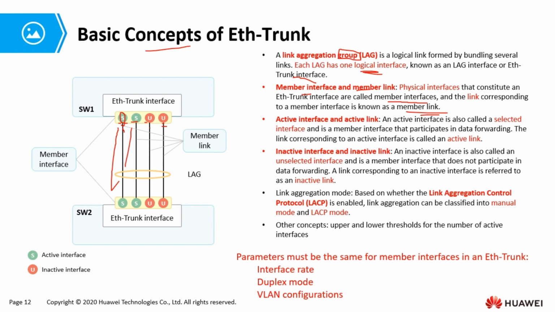Under link aggregation, we have two modes. One we call manual mode, and the other we call LACP mode, which means we are using the Link Aggregation Control Protocol. This determines who can join as a member interface under your Eth Trunk LAG group. We must ensure these parameters are the same: interface speed, duplex mode, and also the VLAN configurations.